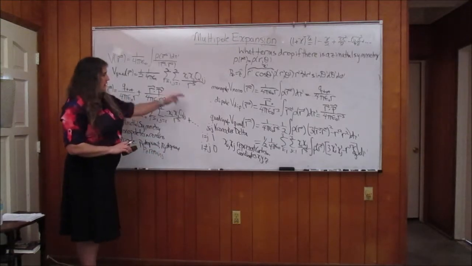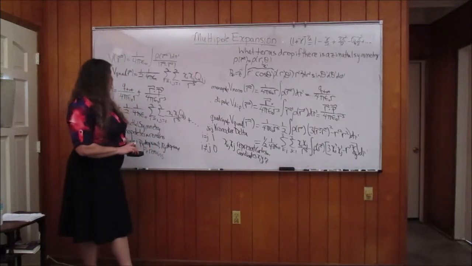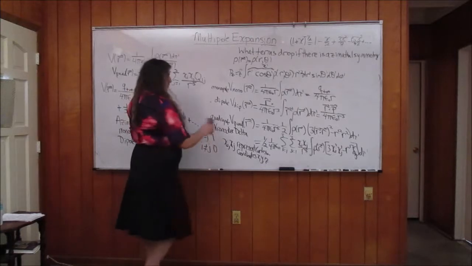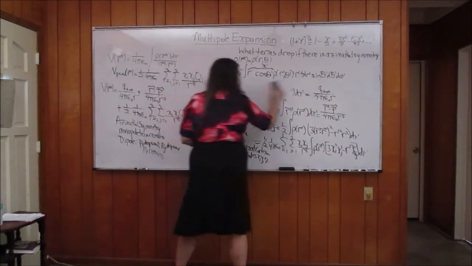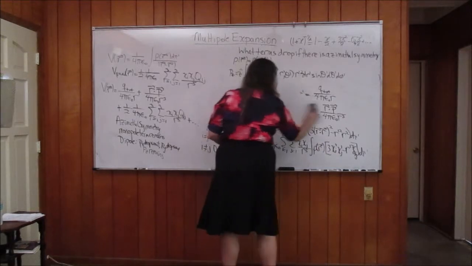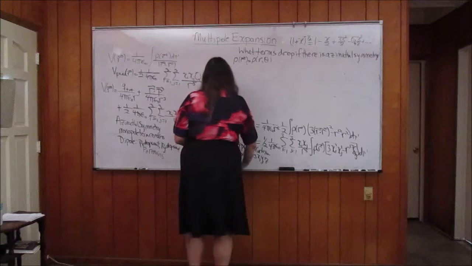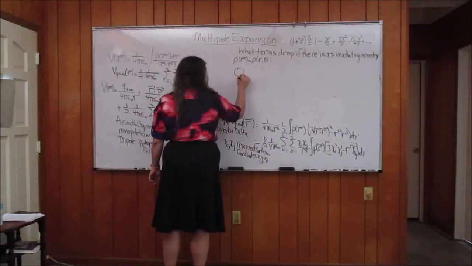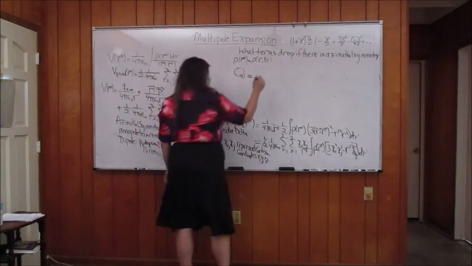Now let's look at the quadrupole tensor and see which terms contribute in that case. Unfortunately, I am going to have to give myself some more room, so I need to erase this. This tensor has 9 elements.